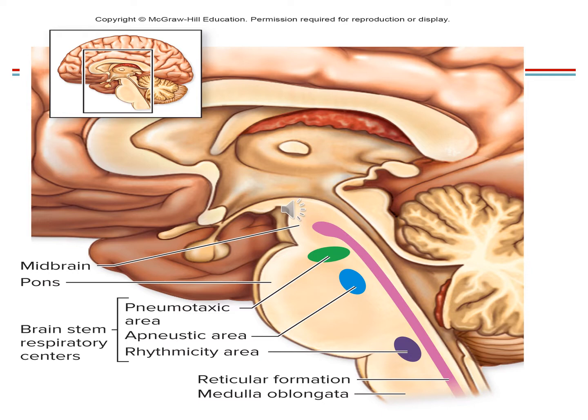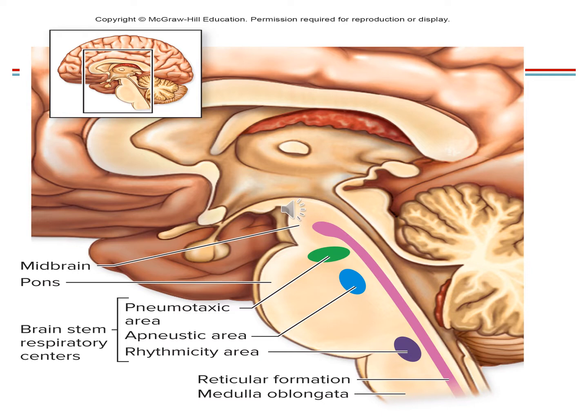And this cortex, that is gray matter, very dense in neuron bodies and neuron dendrites, is the one that sends the message to that brainstem in the pons, where we have the apneustic center, the pneumotaxic center, and the rhythmicity area, both between the pons and the medulla oblongata. But I want to emphasize that the cerebral cortex sends a message to the pons, and the pons sends a message to the medulla oblongata.